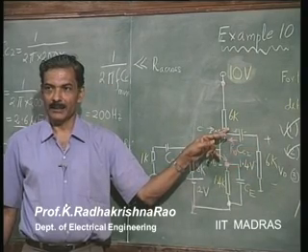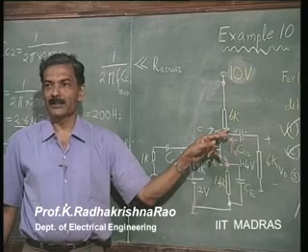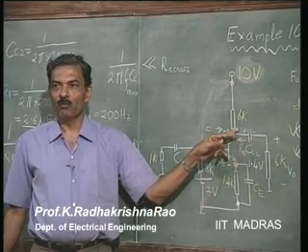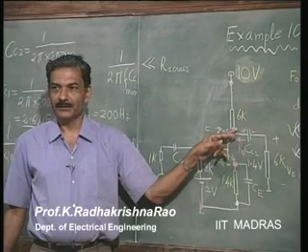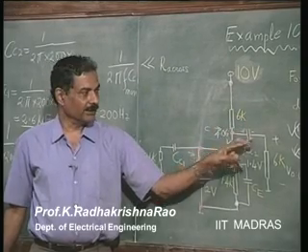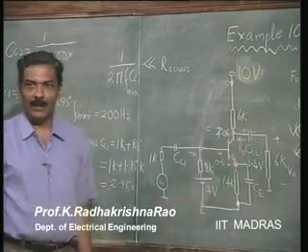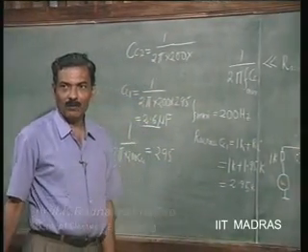So, 12K. That means the resistance offered by the capacitor should be less than 1.2K. So, this is 6K and this is 6K. So, 12K, 1/10 of that is 1.2K.